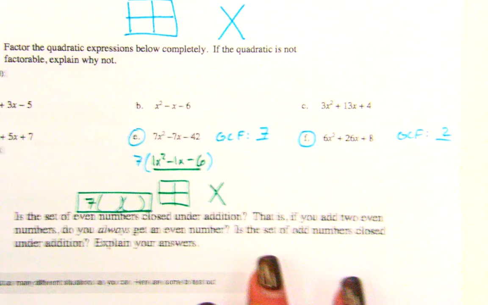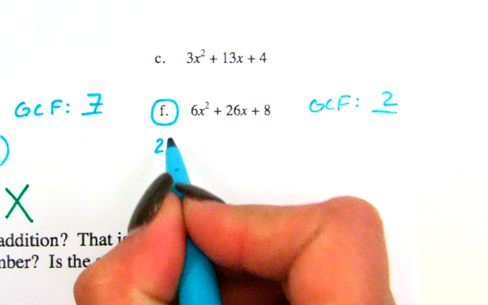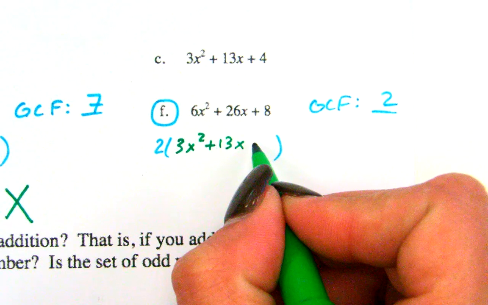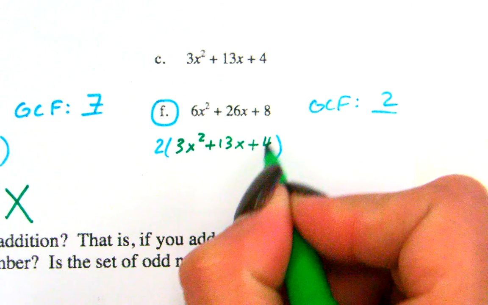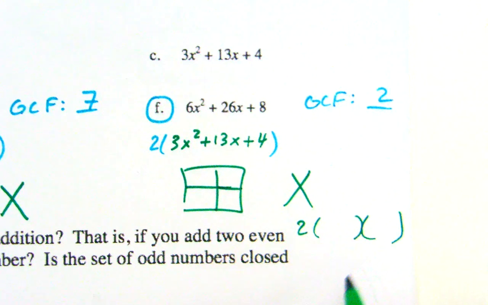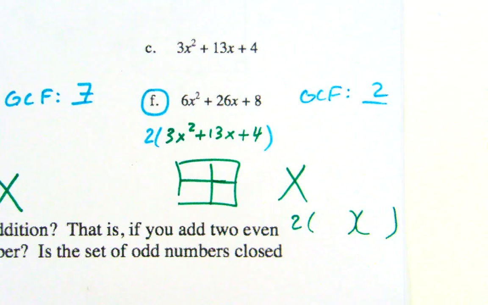Then you would factor out the 2, and whatever's left over: 2 times 3 is 6x squared, 2 times 13 gives you 26x, plus 4. Then you do a box and a diamond for that part too, the part in green, and as a result your final answer is going to have the 2 in front of it and whatever product you actually come up with.